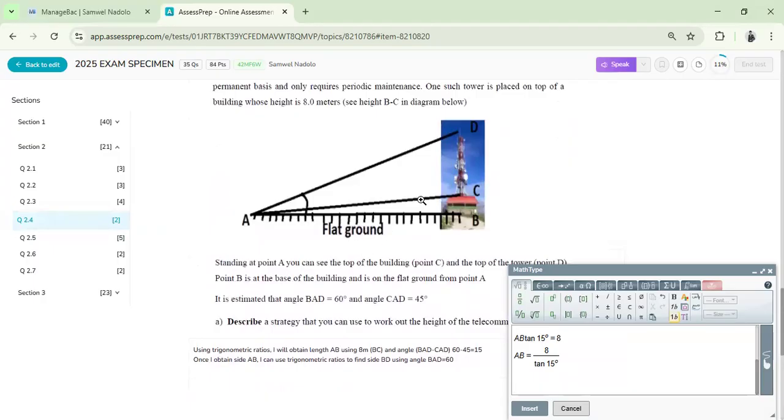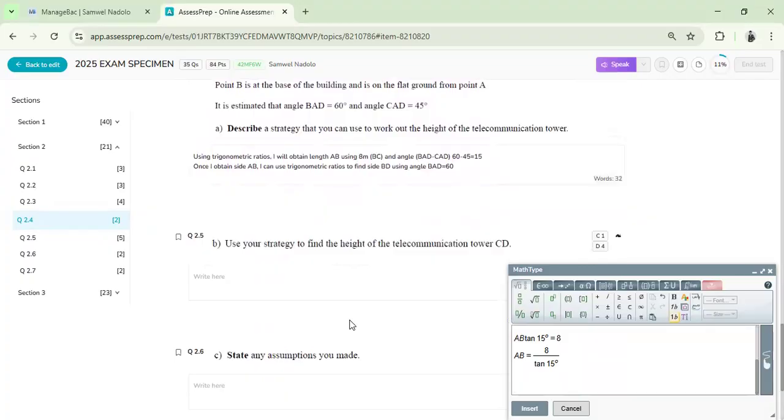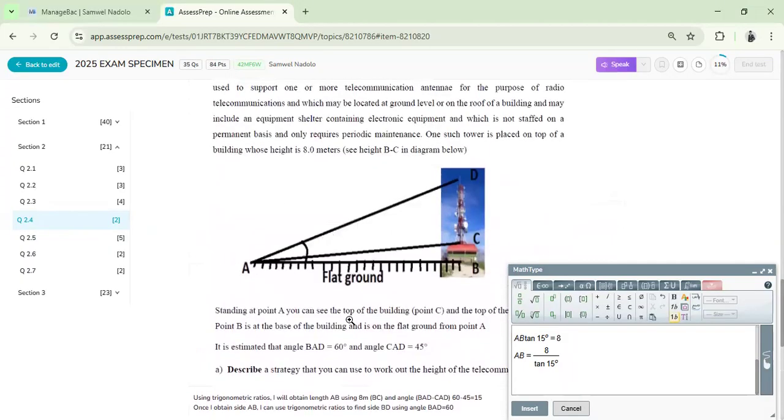But you're going to come here, because you have AB, which is 8 over tan 15. Your second strategy is, once you obtain AB, you can use trigonometric ratios to find side BD. That is what they are looking for. They want us to find the height of the communication tower CD.